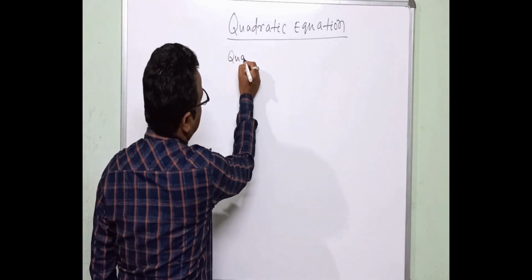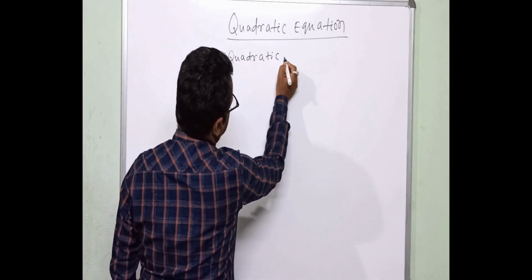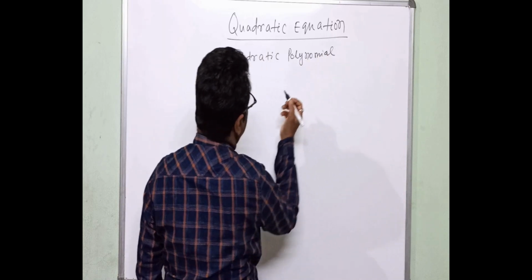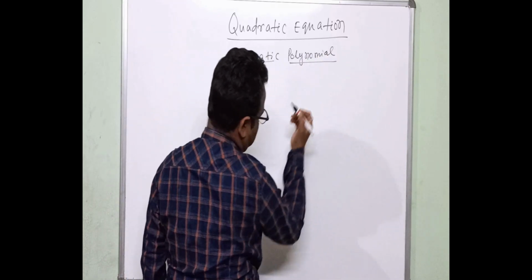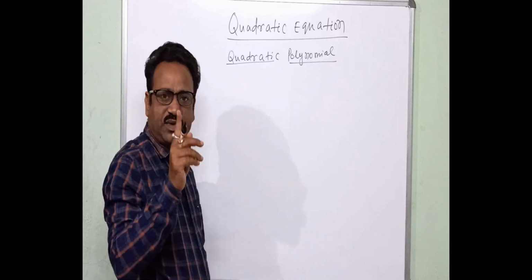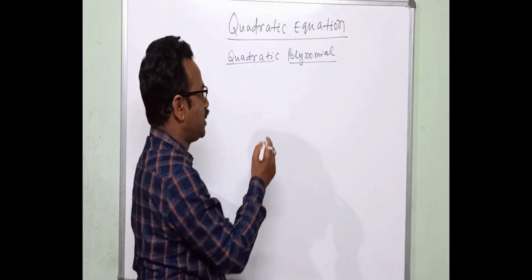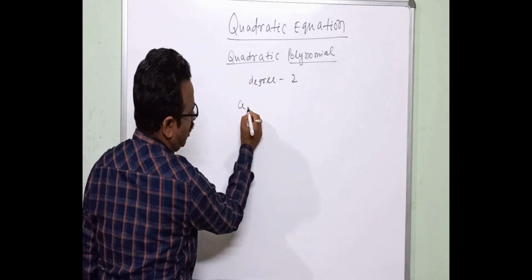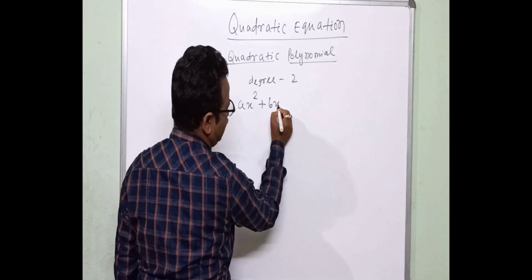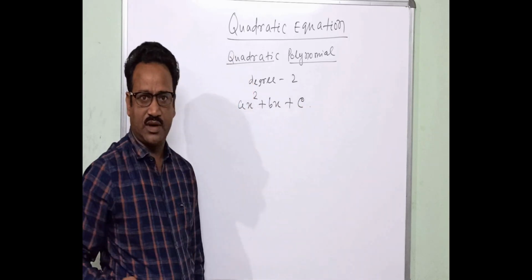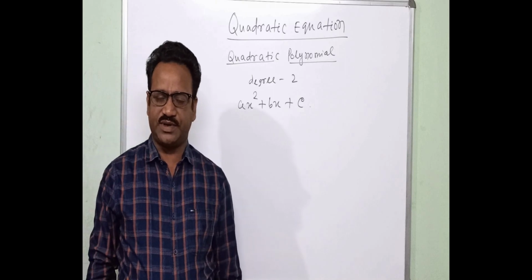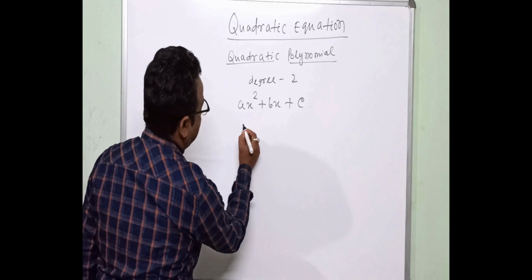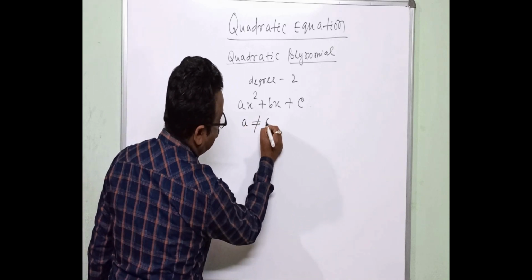A quadratic polynomial is a polynomial of degree 2, in the form of ax square plus bx plus c, where a is not equal to 0.